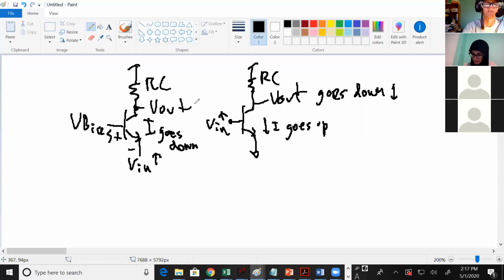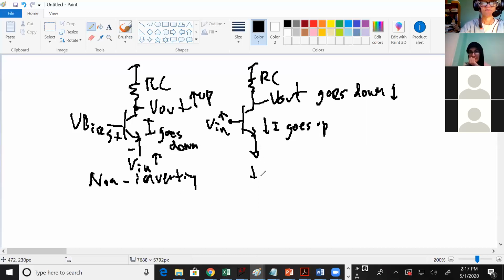And so what happens to V out? It goes up. So now V in goes up and V out goes up. Hey, they went in the same direction. So is this inverting or non-inverting? Non-inverting. So that's one of the big differences: this one is non-inverting and this one is inverting.